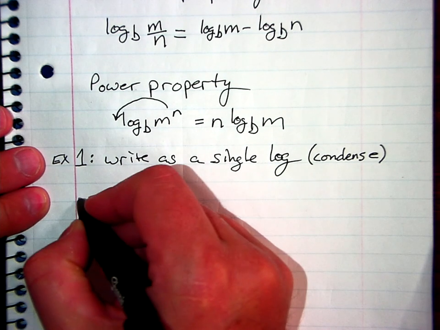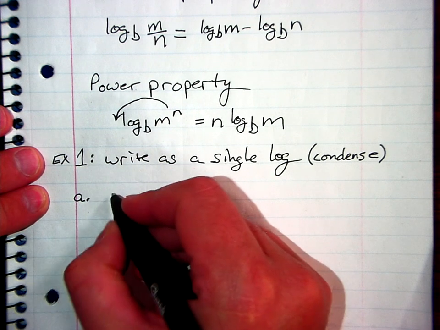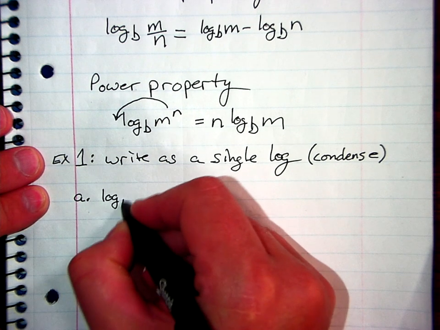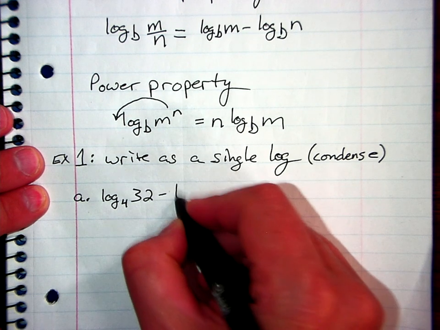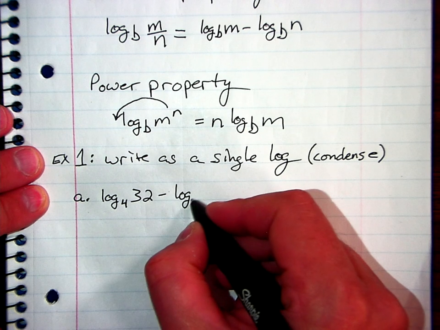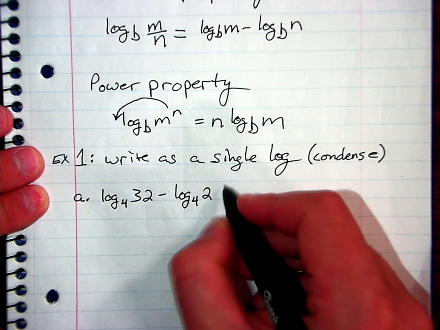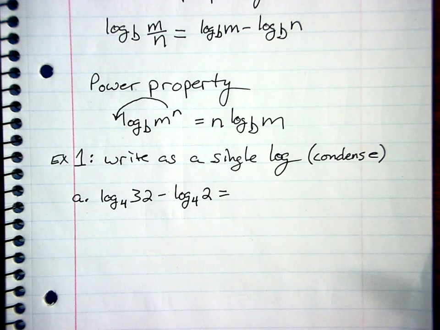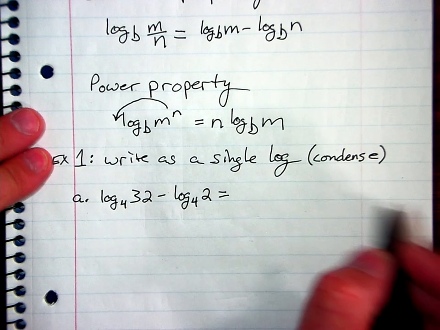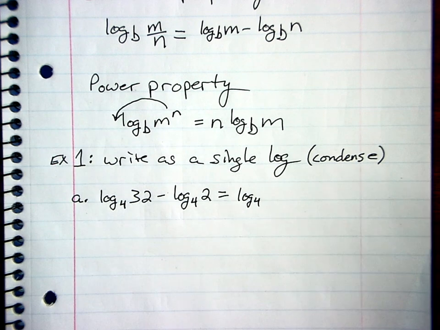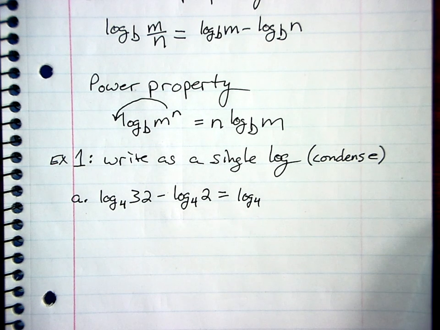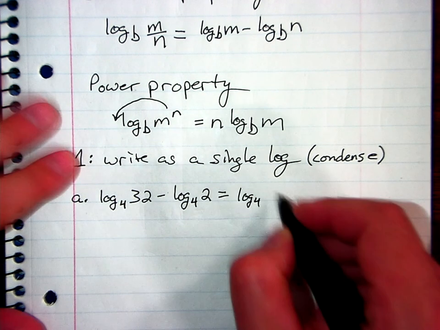All right, this is letter A. Log base 4 of 32 minus log base 4 of 2. So we're going to write log base 4, since they both have log base 4, and then we're going to do 32 divided by 2.